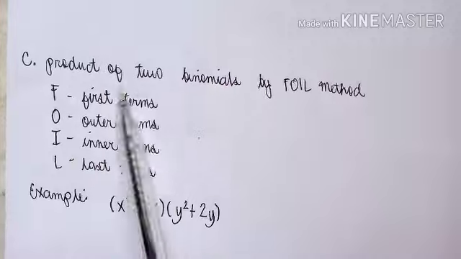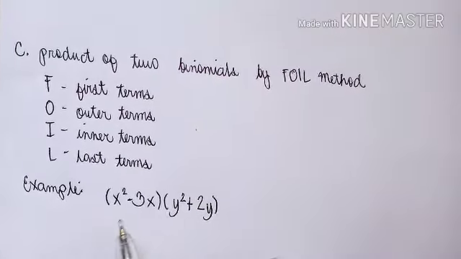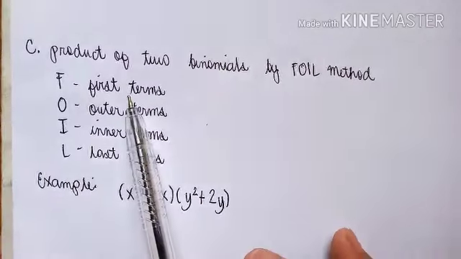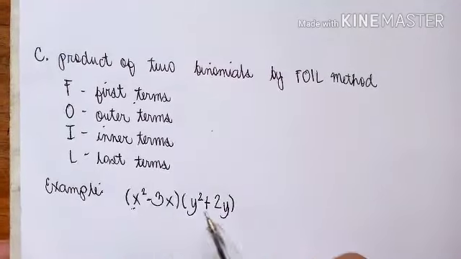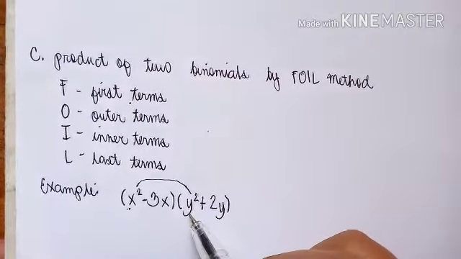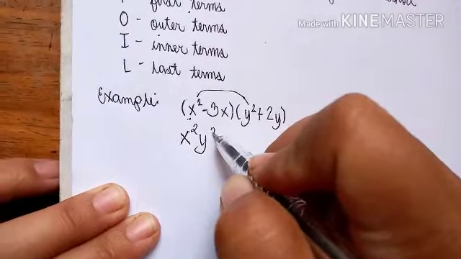These ones are pertaining to the terms of the binomials. So this your x squared and y squared is your first terms. So we multiply them first. So if we have x squared times y squared, that would be x squared y squared.